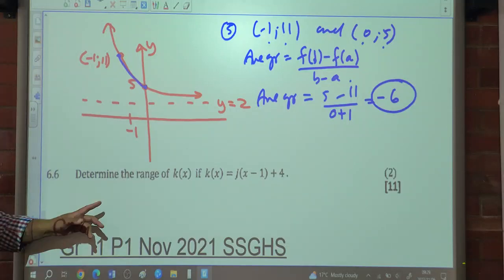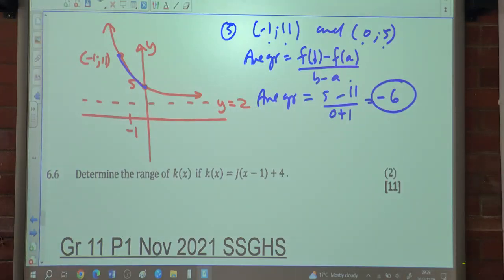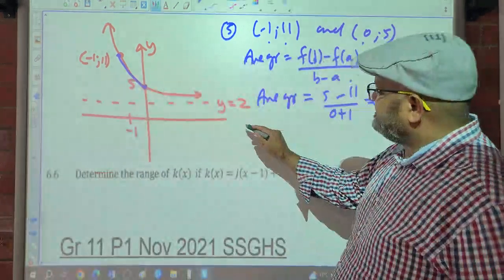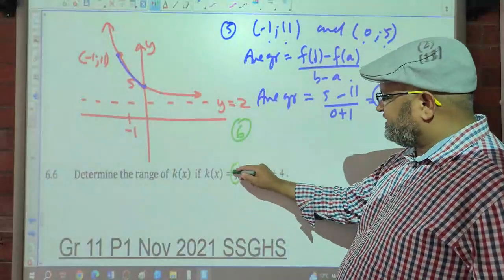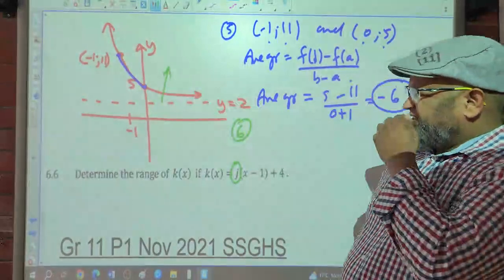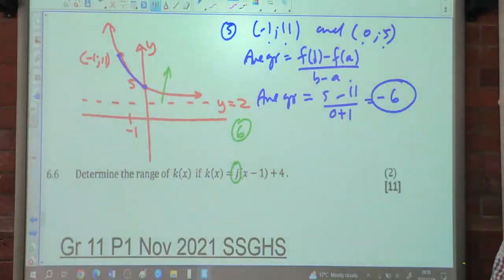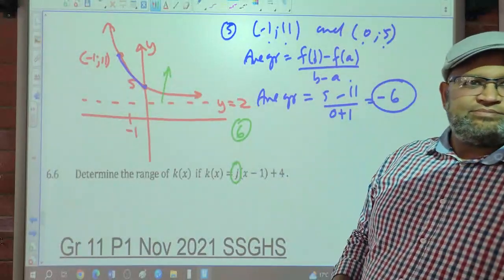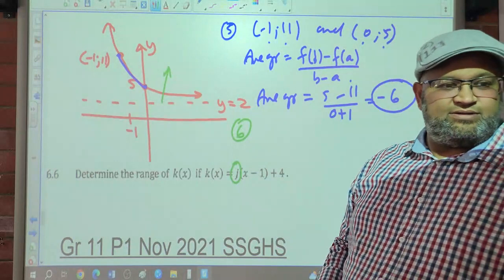People, the question says determine the range of k, if k of x is equal to j of x minus 1, plus 4. So what is the current range of j of x? y has to be greater than 2. Isn't the graph existing above 2 here?